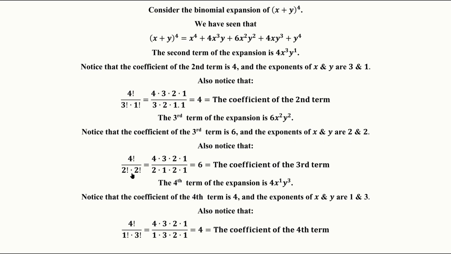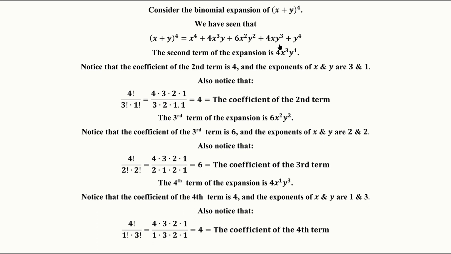In other words, 2 factorial times 2 factorial, we end up with 4 times 3 times 2 times 1 divided by 2 times 1 times 2 times 1, right? So you can see cancellations here. 2 and 4 leave us 2 on top. 2 times 3 is 6. Again, you see it's the same coefficient. So this expression would give us the coefficient even if we didn't have it, right?